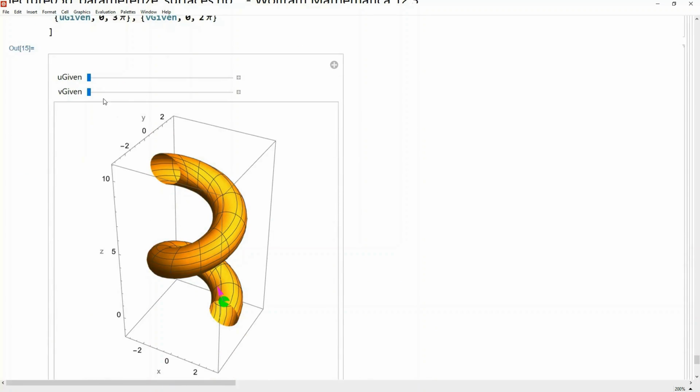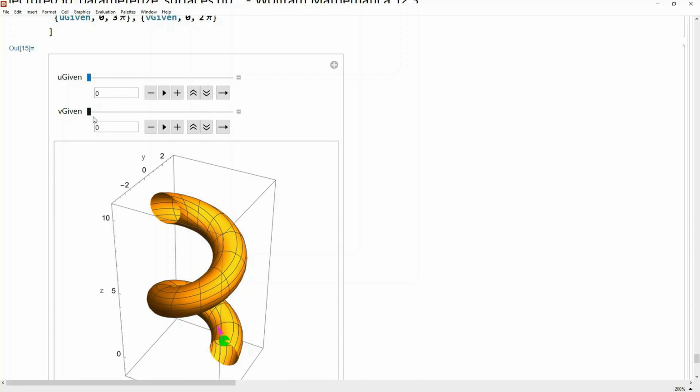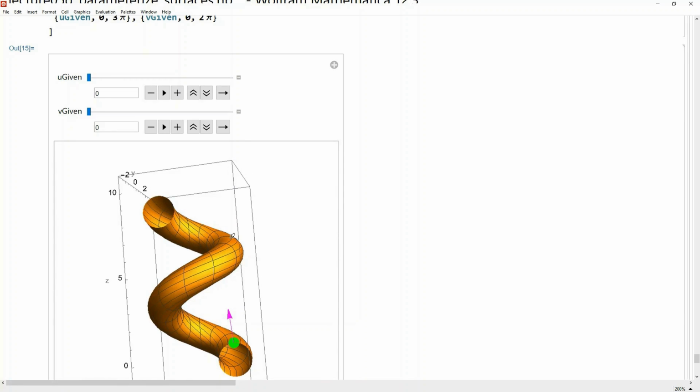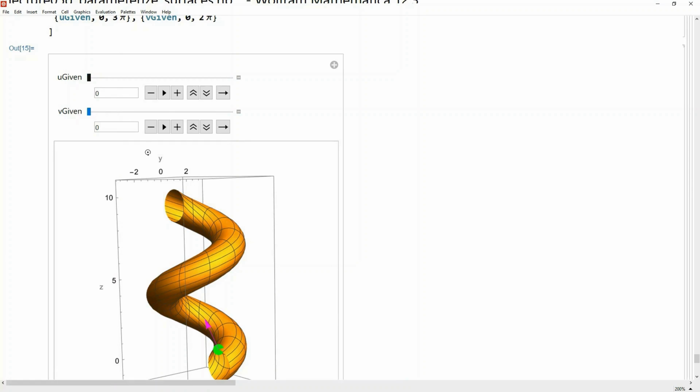So you can see here, let me turn on these controls so you can see how U and V of 0, 0 corresponds to this point way down here. And as you can see, our formulation does look like it is calculating the normal vector, right? And if we change U or V, our code should update because we already know where the surface normal is at any given location. So for example, let me crank U up. And as you can see, as U increases, we work our way up the tube, so to speak.